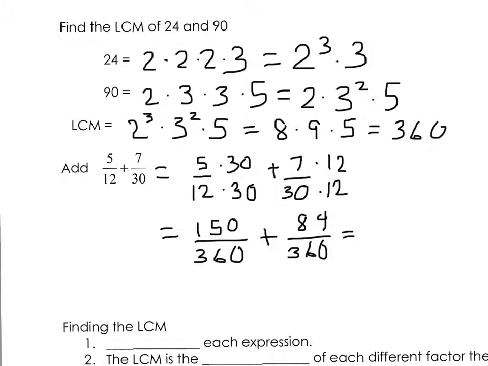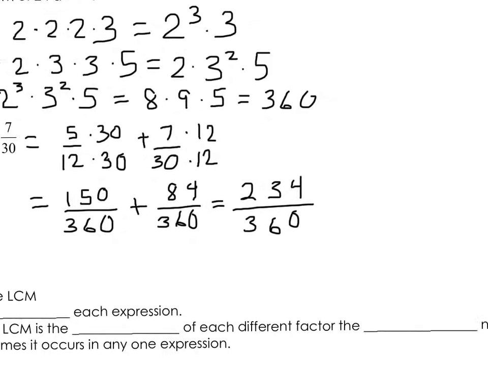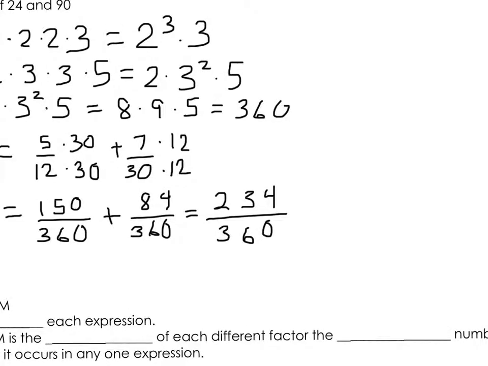Now that we have a common denominator, we're able to add the numerators. That's 234 over 360. So now we need to see if we can simplify this 234 divided by 360.